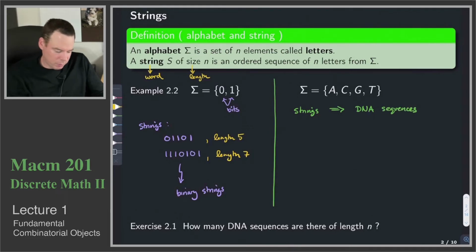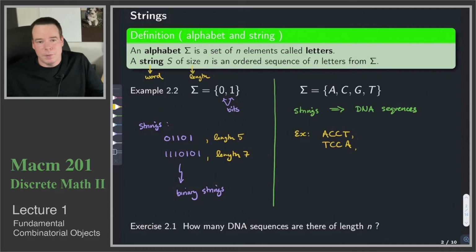And so, for example, some really short DNA sequences like ACCT or TCCA, for example. There's a couple of strings. One is just the other one in reverse. These are pretty short because, by way of contrast, the human DNA sequence consists of about 3 billion characters.